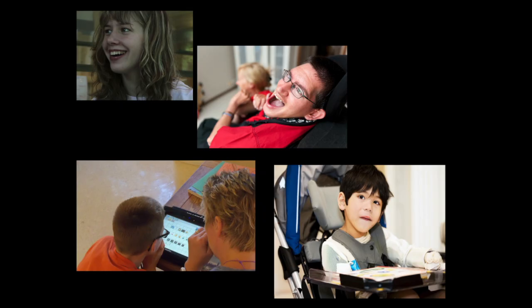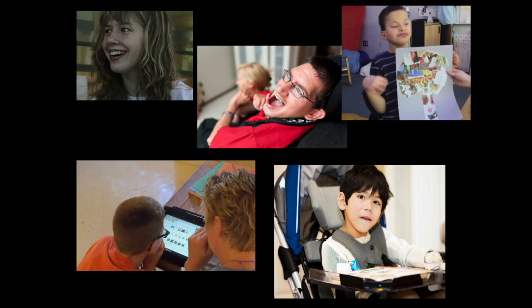Kirsten, Stephen, Marcus, James, and Hunter represent the range of students with significant cognitive disabilities who participate in the alternate assessment. Like other students with significant cognitive disabilities, they have interesting profiles of strengths and weaknesses, and each of them is capable of learning and making progress over time.